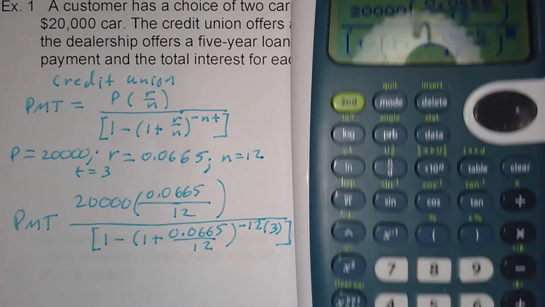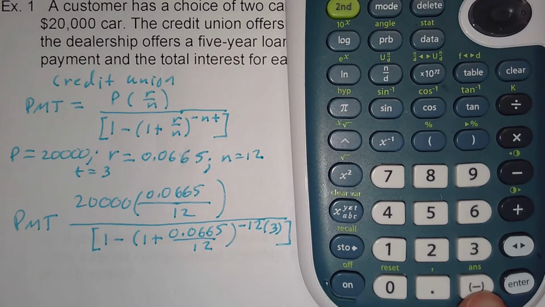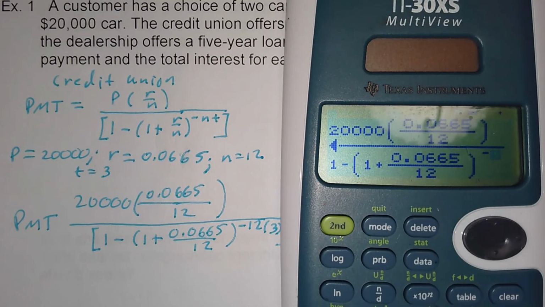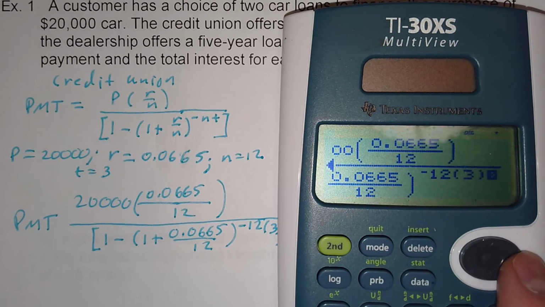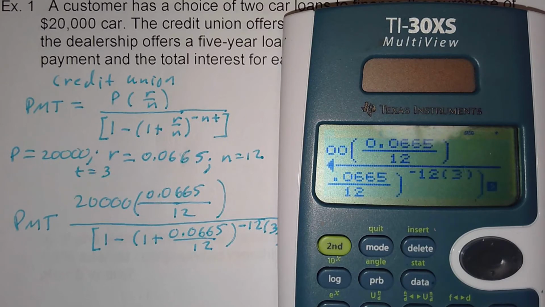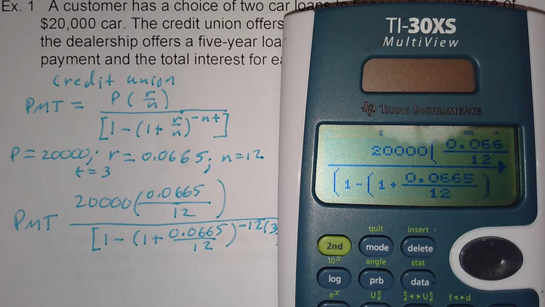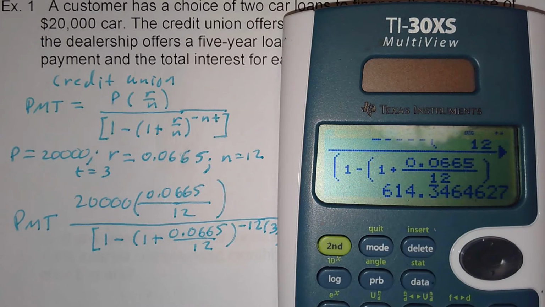Now I'm going to use the negative down here, (12 times 3). And then we hit enter. So the payment would be, we want to round up to the nearest cent, so we say $614.35.